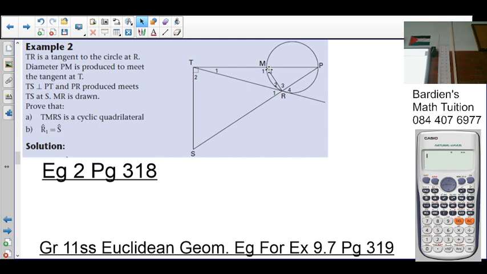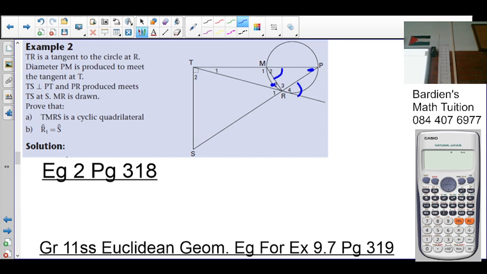People, if TR is a tangent at R, what do we know? We know many things, no? R4 is equal to M2. What else do we know? R2 is equal to angle P. Why? Tan chord theorem. The diameter PM.